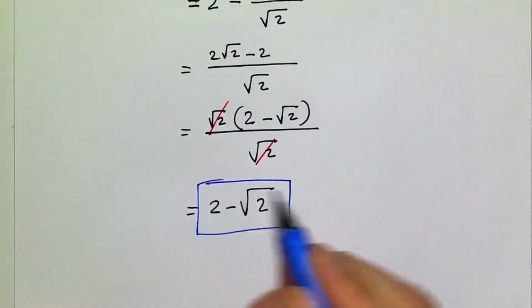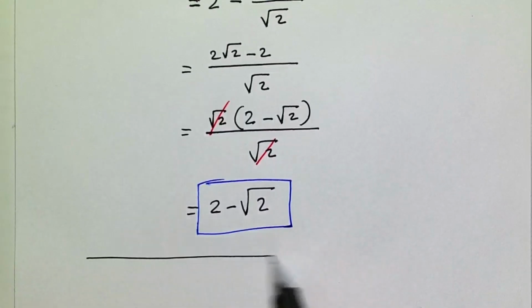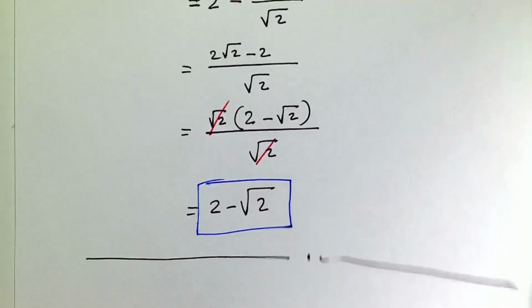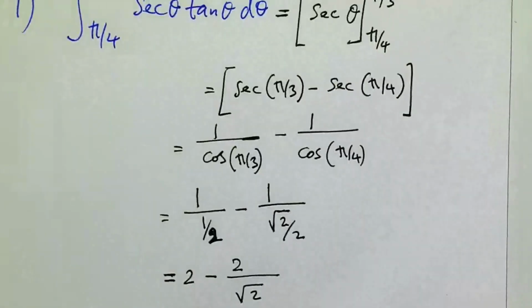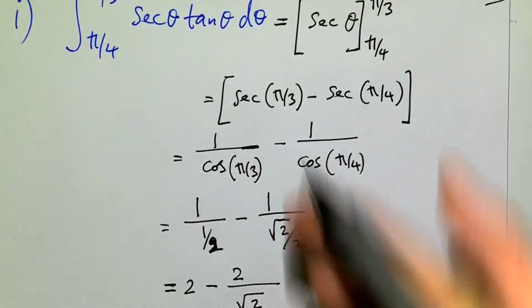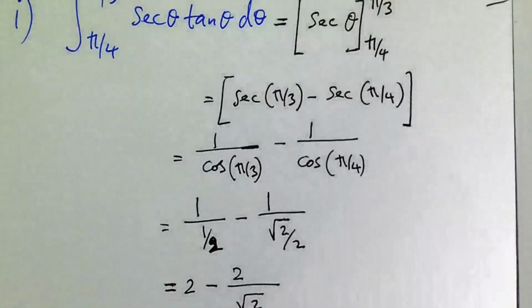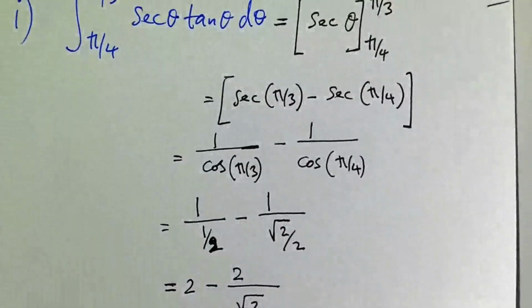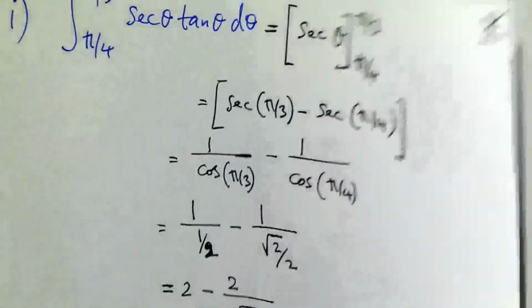Okay, so here's that. If you remembered what secant of pi over 3 and secant of pi over 4 were, you could really do this a lot quicker than I did. But anyway, I remember the cosine and sine functions.